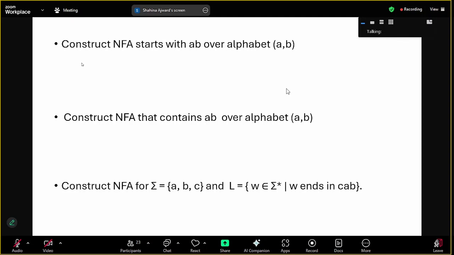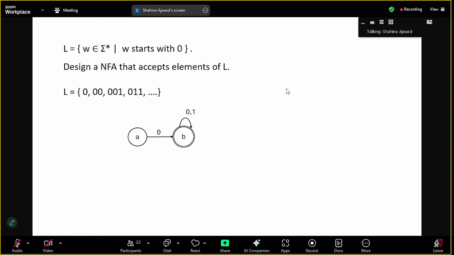And also you can check whether the rejected ones are rejected. In the previous one, it should start with 0.